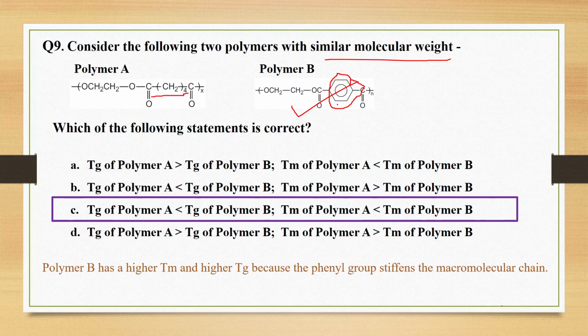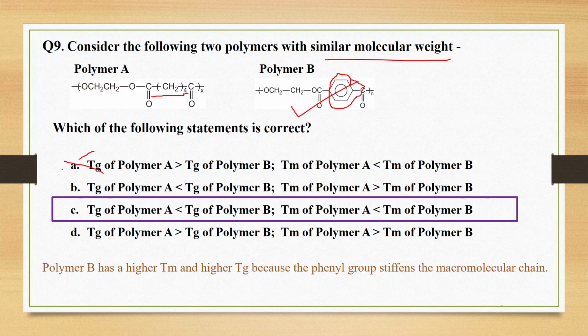A phenyl group gives much more stiffness to your polymer than a CH2 group, because CH2 units are attached to each other via single bonds, whereas in phenyl there are pi bonds. So this is much more rigid, and much more stiffness occurs in the polymer. So Tg of polymer B will be greater than Tg of polymer A.